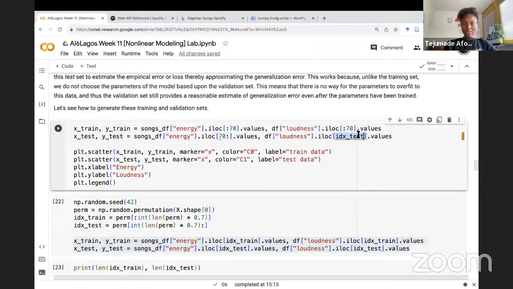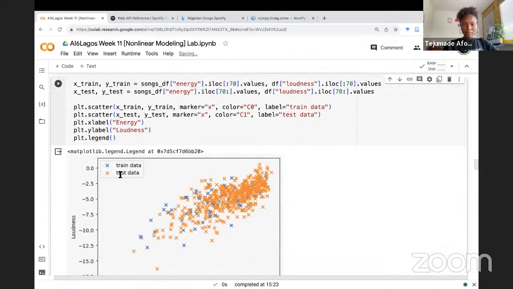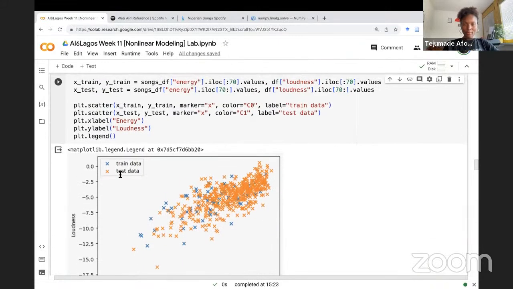So the last from 70 downward should be okay. If it's an error, we'll just fix it. Okay, great. Up to 70, X test, Y test, the train data and the test data. This is doing what I'm looking for.